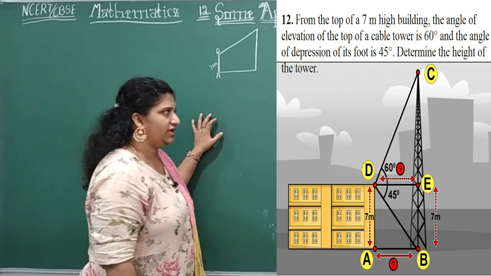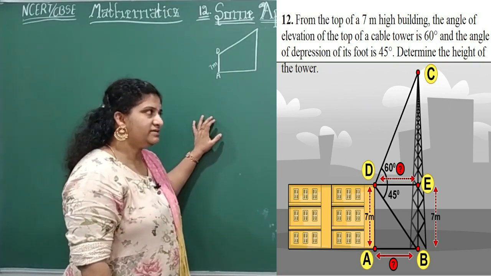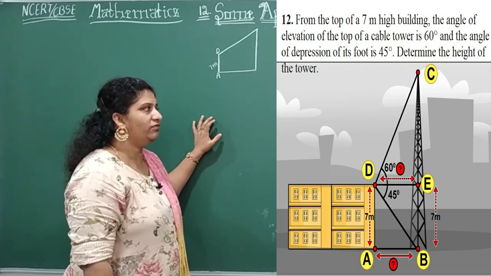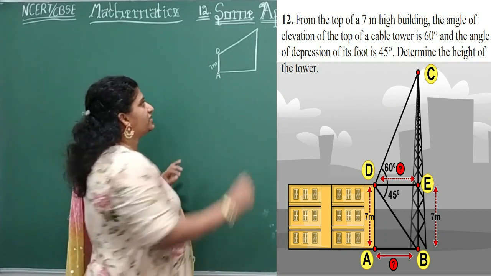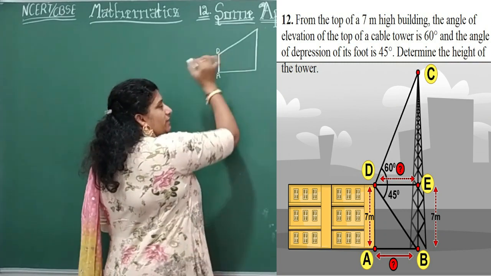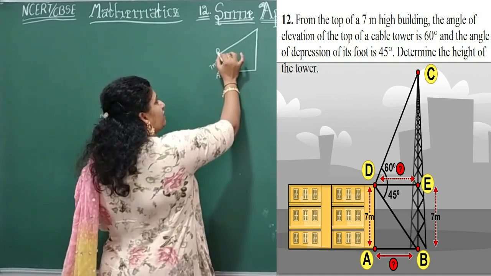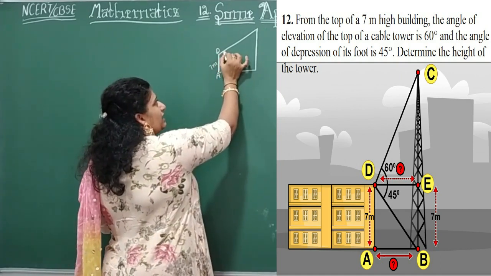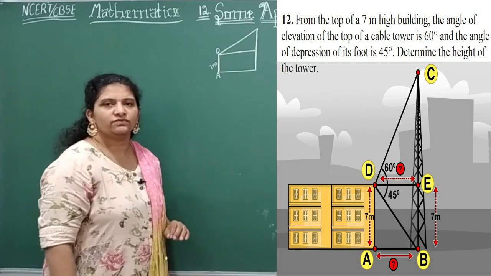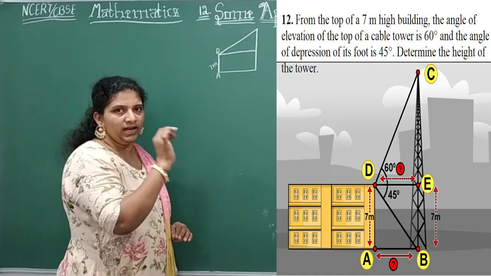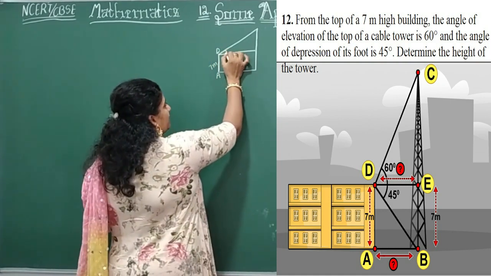Look here carefully. The angle of elevation is 60 degrees and the angle of depression to its foot is 45 degrees. See here children, from the top of the building they are saying elevation and depression. If you are saying that this is the angle of elevation, you need a horizontal line. So for that purpose I am going to draw a horizontal line there. So now what is the elevation here?